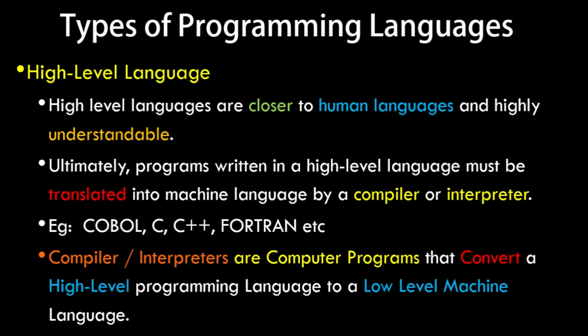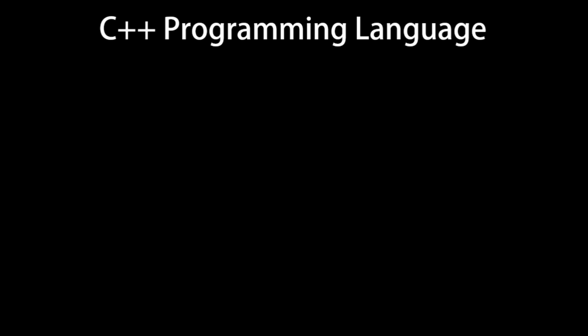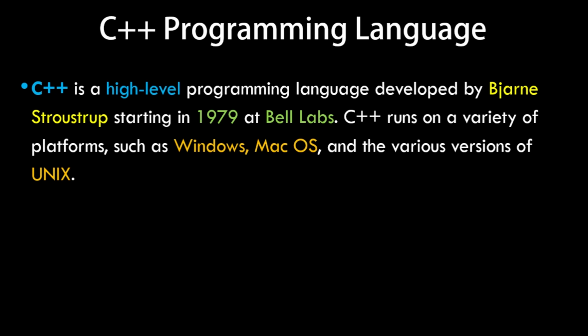So now that you have an overview about the types of language and what a programming language is, let's get to our main topic, that is the C++ programming language. So let's see a bit of theory about the C++ programming language. It is a high-level programming language developed by Bjarne Stroustrup starting in 1979 at Bell Labs.